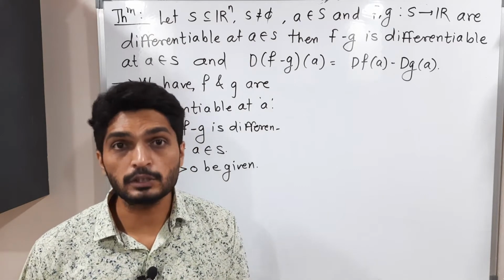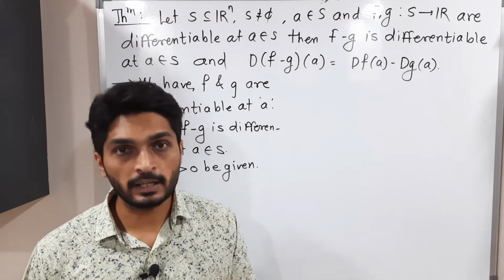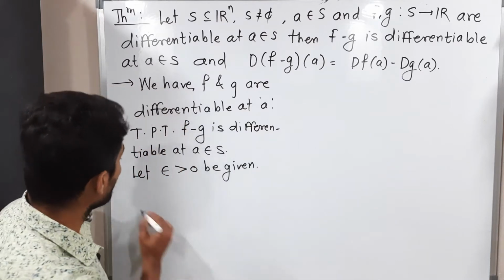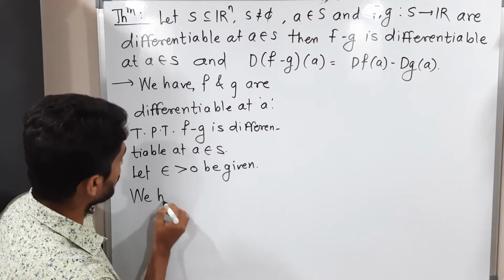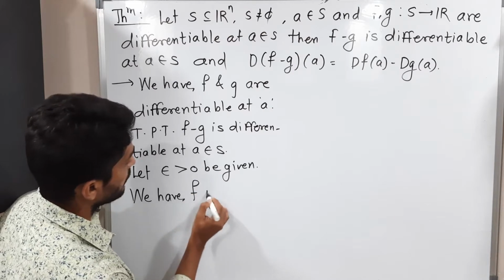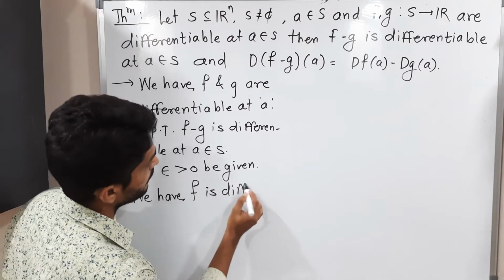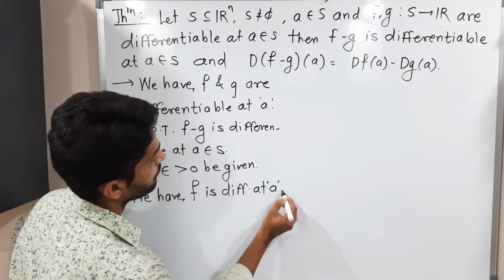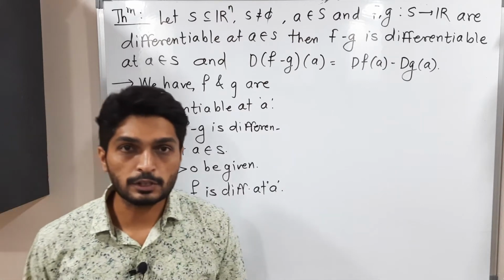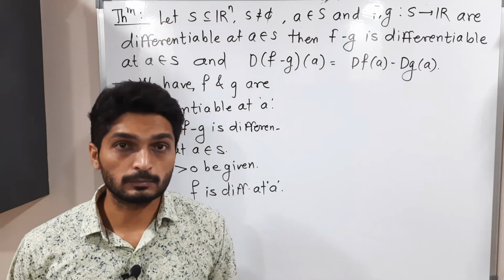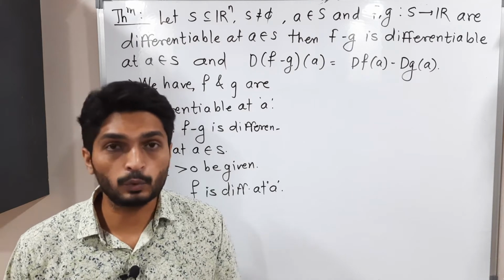After that, we will use the given information one by one. The first information is f is differentiable at a. Let us use it. We have f is differentiable at a. So by the epsilon delta definition, what can we write?